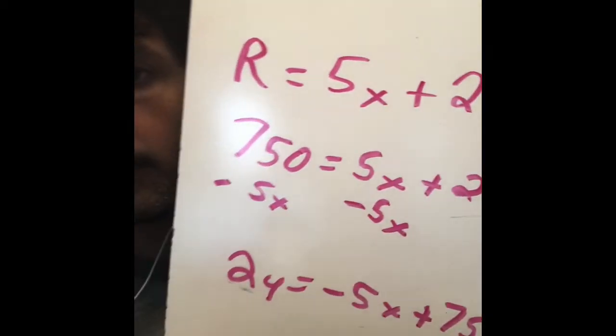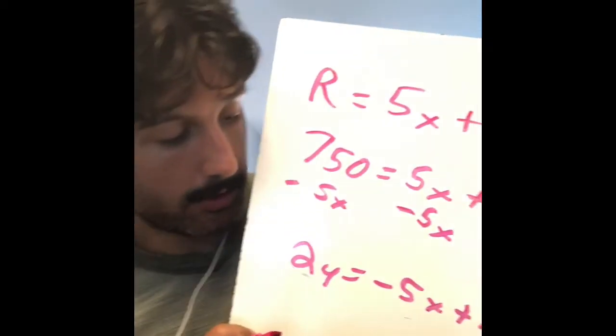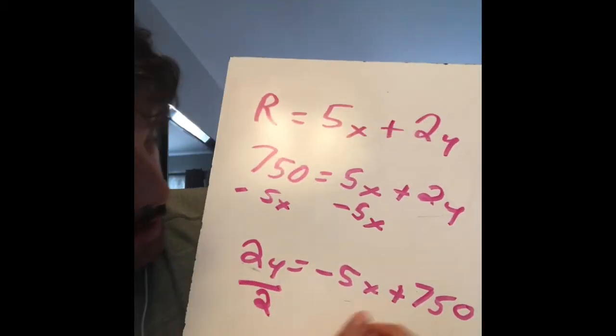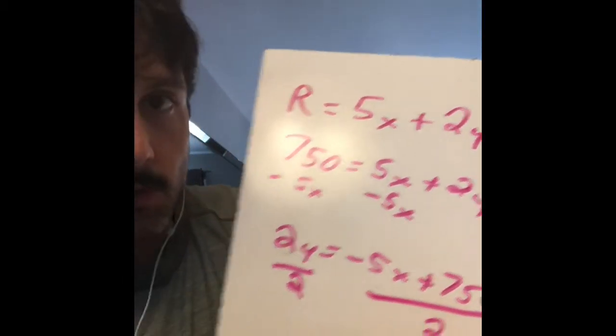I'm almost there. I need to get Y by itself. It's being multiplied by 2, so I'm going to divide by 2, and I'm going to divide everything else by 2. And we have Y equals negative 5 over 2 X, and then plus $375.